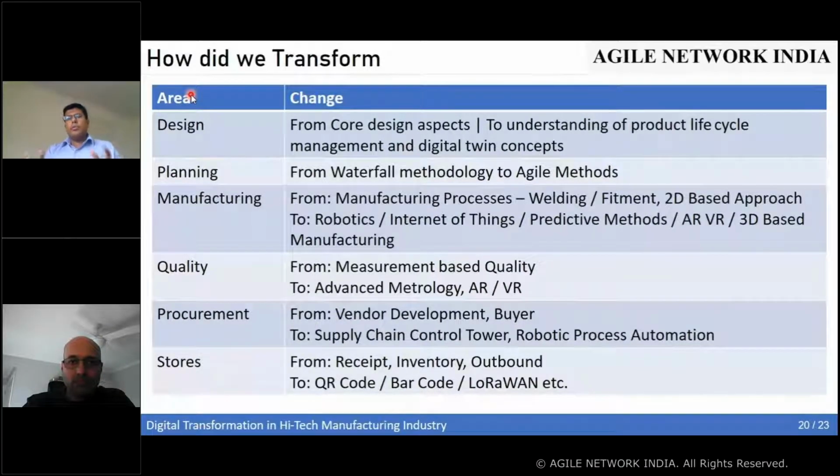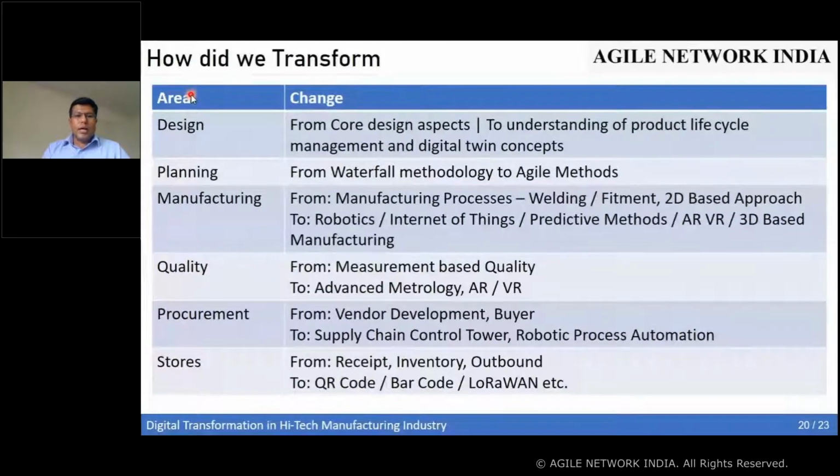So I hope this is making sense, and you realize how groundbreaking the transformation is in each of the functions in manufacturing, which will lead to the ultimate goal of what in manufacturing we say is on time, every time delivery. Yeah. So this is how we transform.